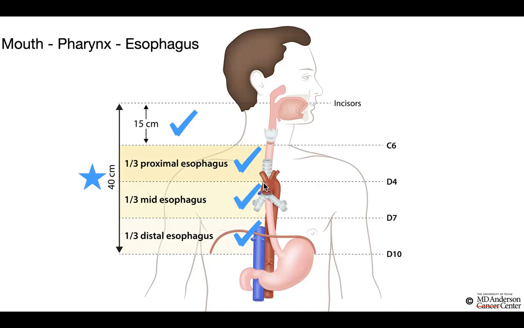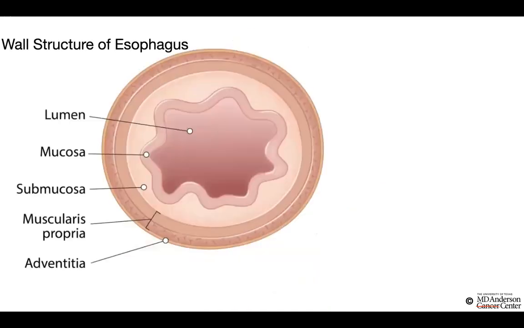And then as we go down, the smooth muscle becomes the predominant one. And in the lower esophagus, it is the main muscle, which works on its own in an involuntary fashion.